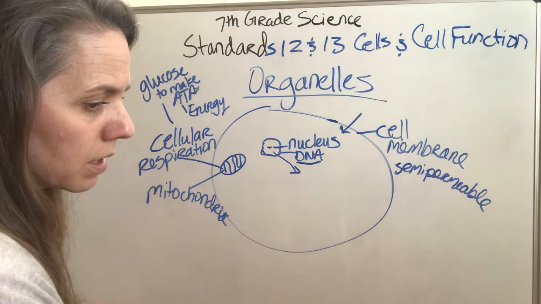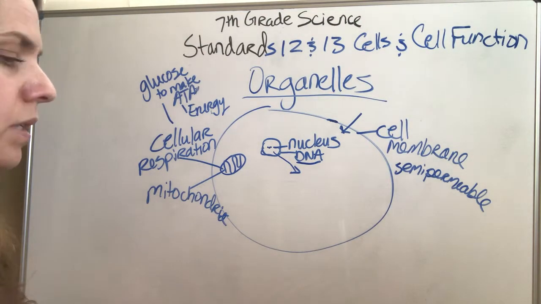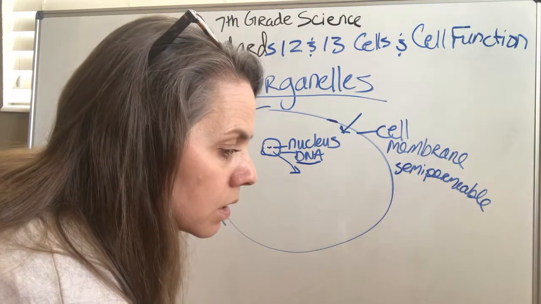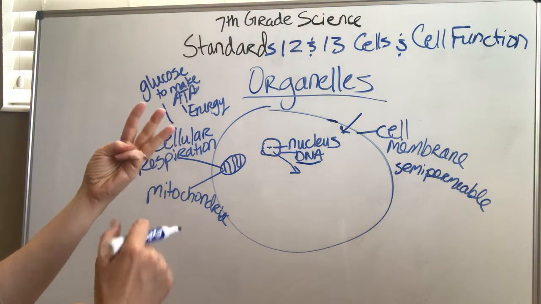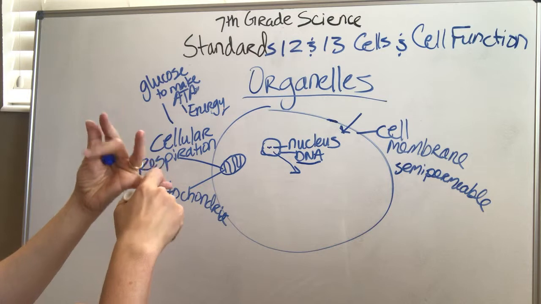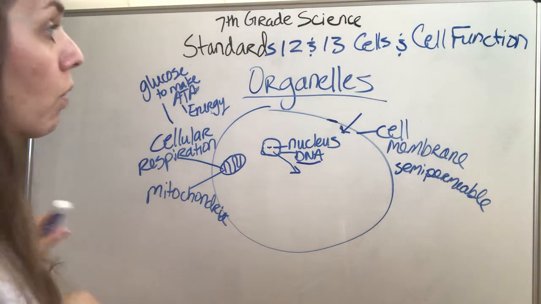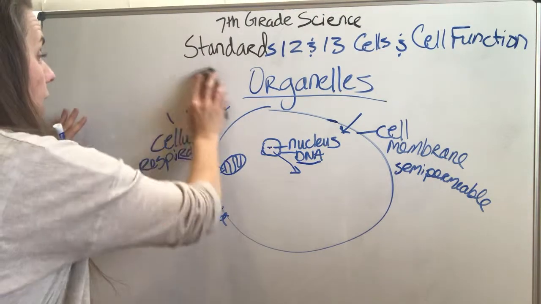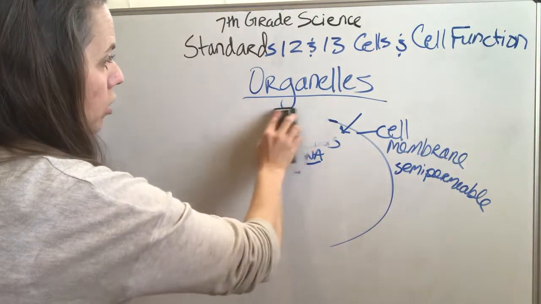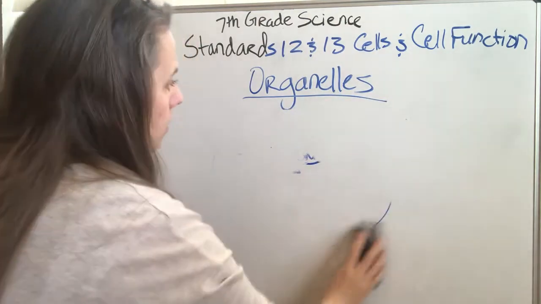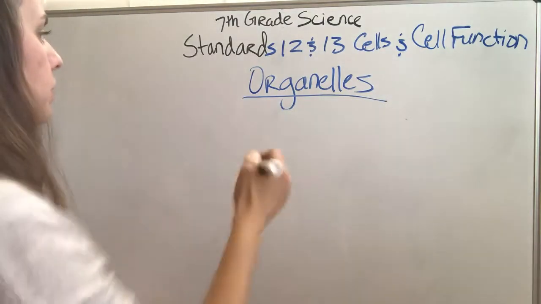Let's see. And then we have two more things. Nucleus, cell membrane, mitochondria, cell wall, and chloroplast. So the cell wall and the chloroplast don't happen in a human cell or a mammal cell. It happens in just a plant cell.